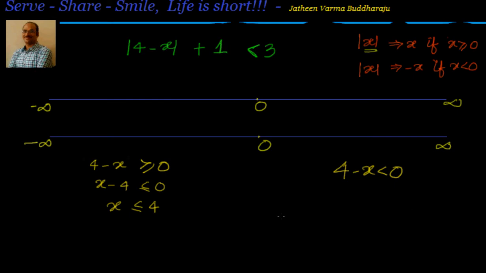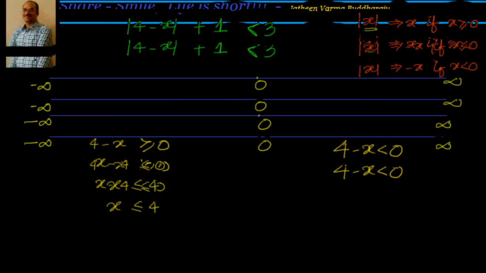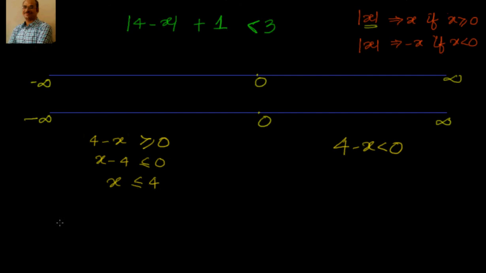Now let us look at the solution for this. Mod of 4 minus x will return 4 minus x, because we have assumed that it is greater than or equal to 0.